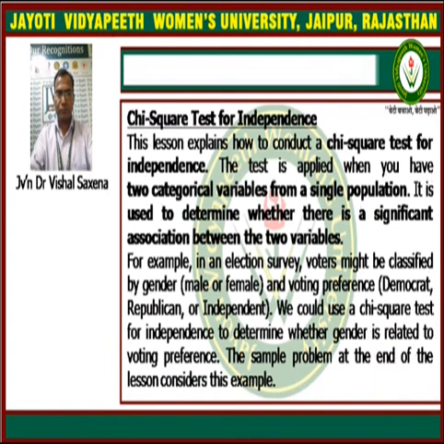And the next test is the chi-square test of independence. This chi-square test of independence consists of two categorical variables.